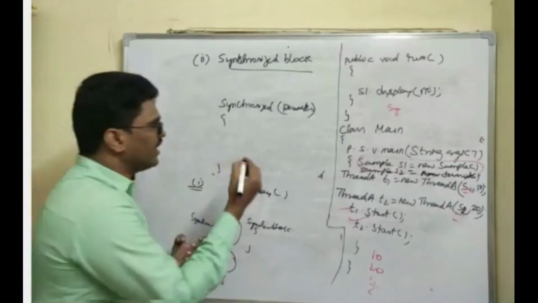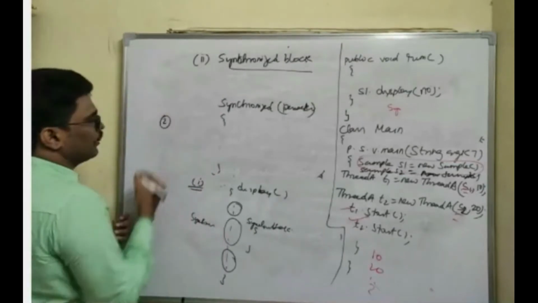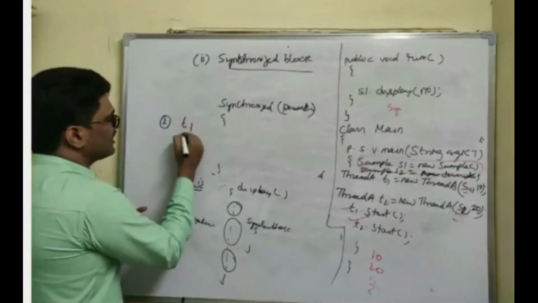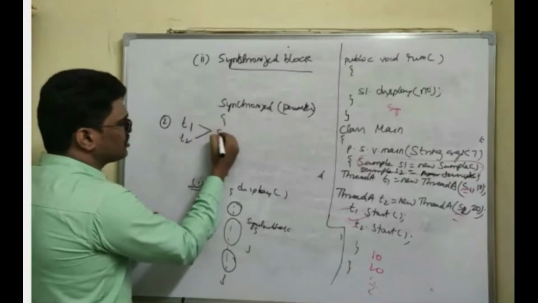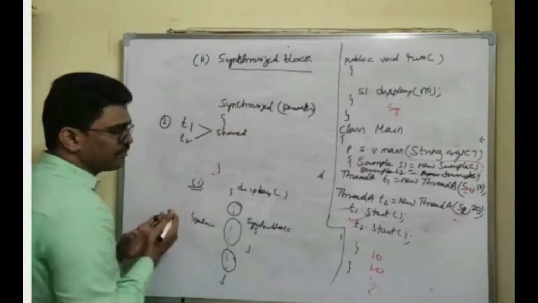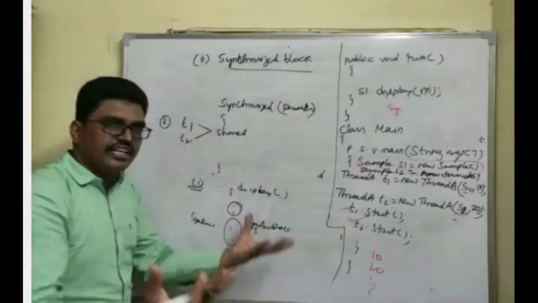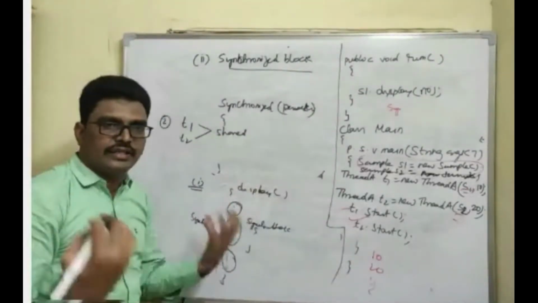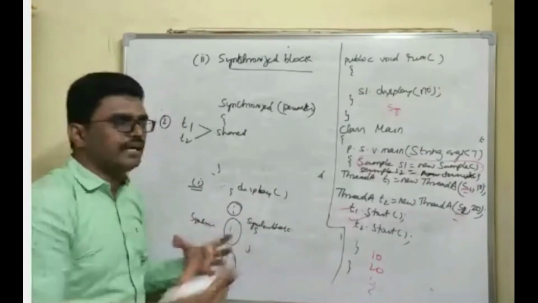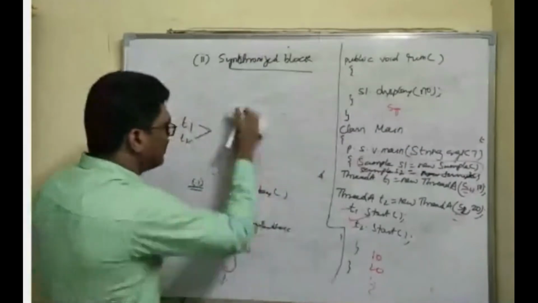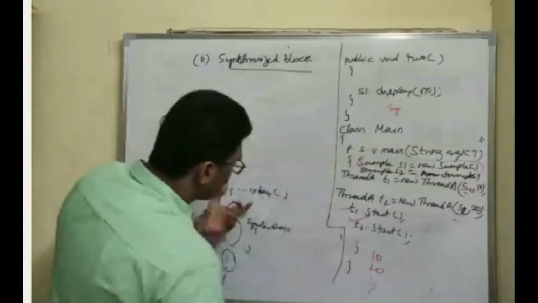The second one is, why are we going for synchronized? When the threads are accessing a shared resource. The resource can be an object or a method. If that method definition is in your hands, a method which you have defined, you are able to write the synchronized keyword before the method, because you wrote the definition for display.